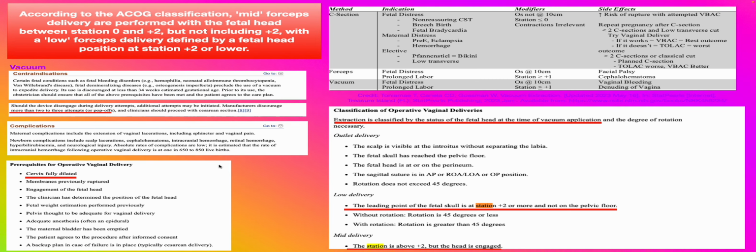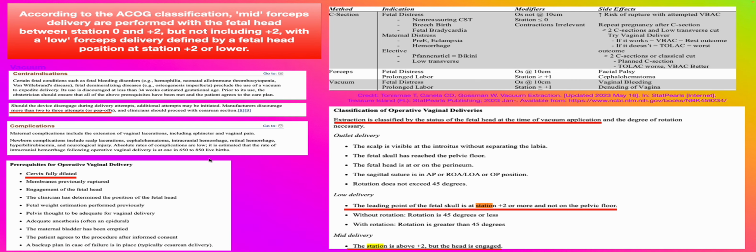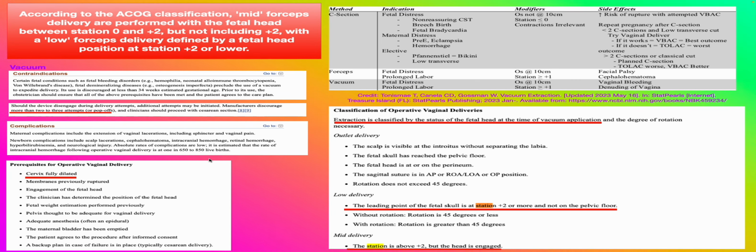So it does look like the rate of intracranial hemorrhage is 1 in 650 to 850, which is fairly low, but it is still worth mentioning.